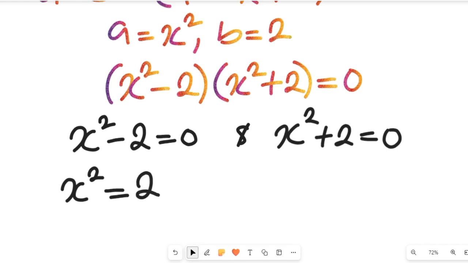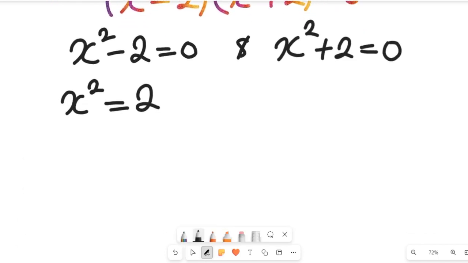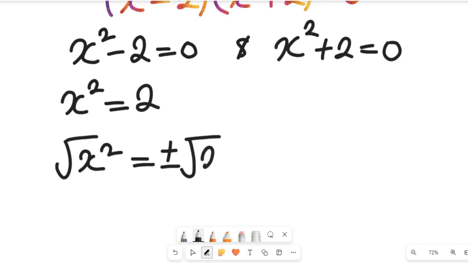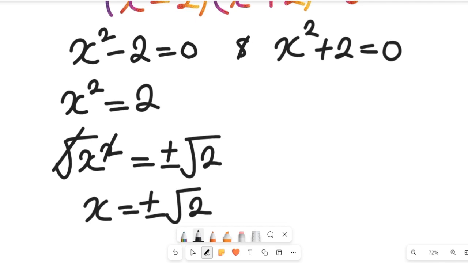And if we simplify that further, we take the square root of both sides to clear the square, and we are going to have this become plus or minus the square root of what? 2. So if square root clears square, we'll have x to be equal to plus or minus the square root of what? 2. Let's come to this other side.